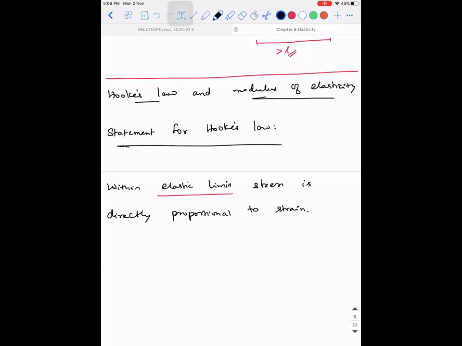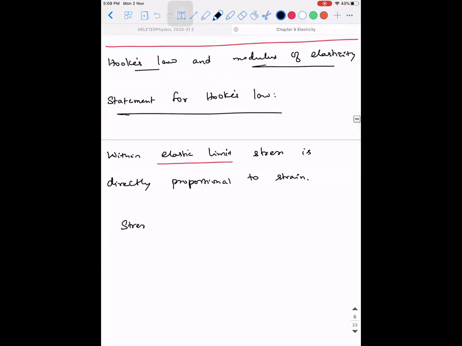You can write it like this. Stress is directly proportional to strain only within elastic limit. So what exactly this means is, I'm just using numbers for example purpose. Don't take them as exact numbers. Try to understand.